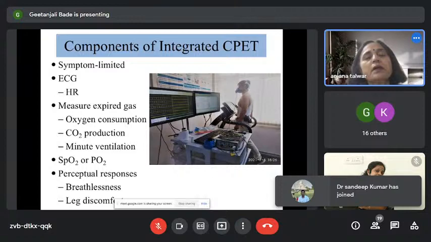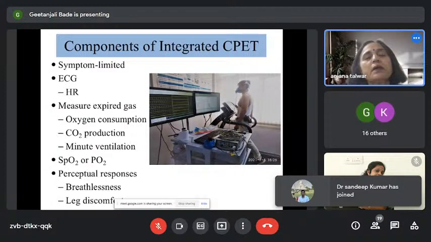So why should we do cardiopulmonary exercise testing? As a physiologist, we can say that mainly it is for fitness evaluation. But in addition to it, we need to evaluate a patient having dyspnea.